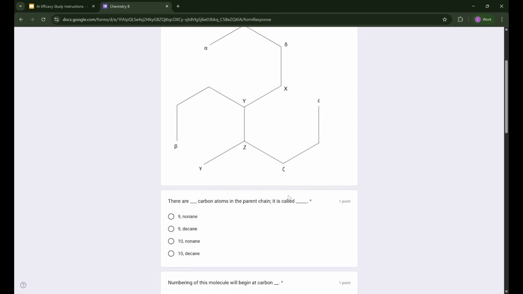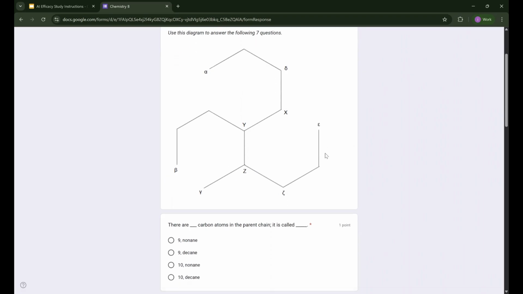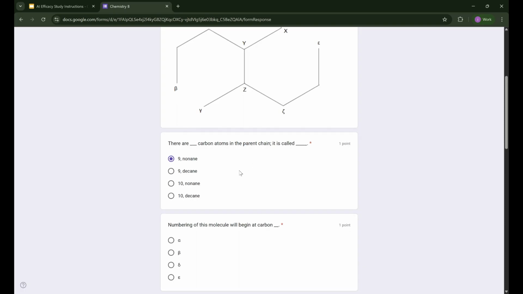Okay, so in the parent chain, we're looking for the longest chain. So there's 9 here. And yes, I recognize non as 9, and this is referring to 10, so I believe it's this one.